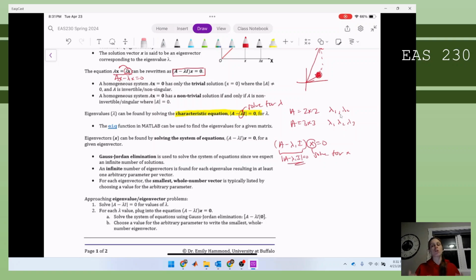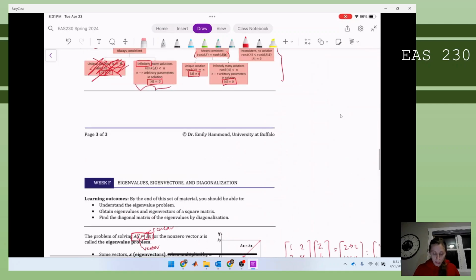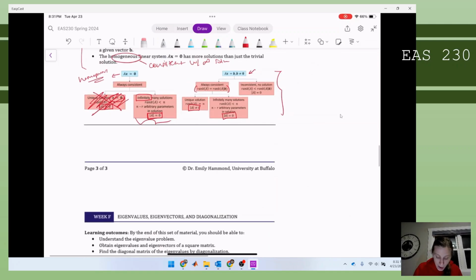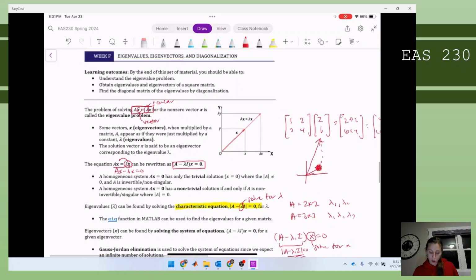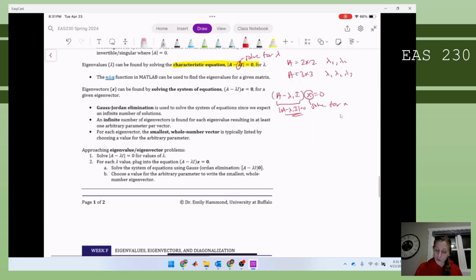That's what I've done. I've forced it to equal 0. Which means if I go back up to here, if my determinant equals 0, I have an infinite number of solutions. So we're going to use Gauss-Jordan elimination, because it's really good when we have an infinite number of solutions. We expect infinite solutions, so we use Gauss-Jordan elimination.